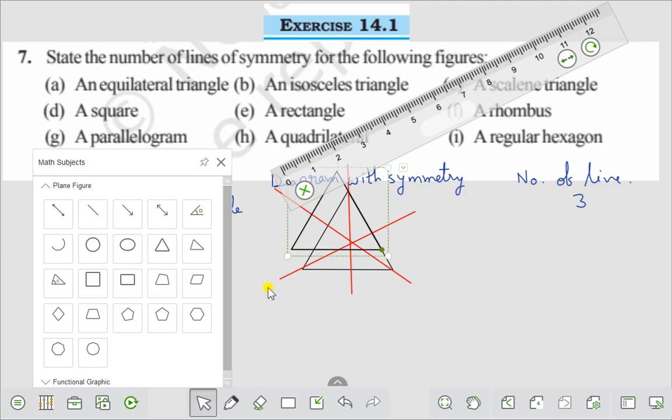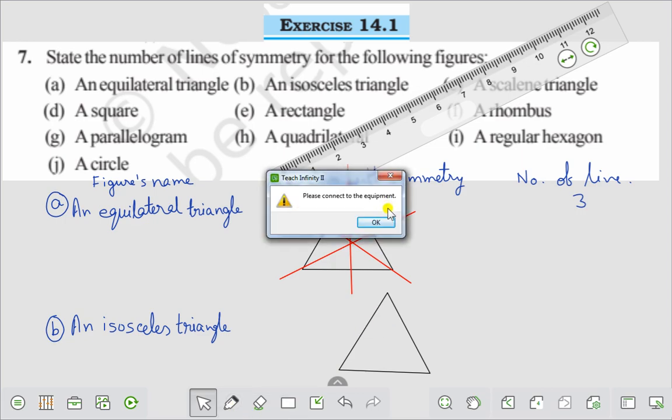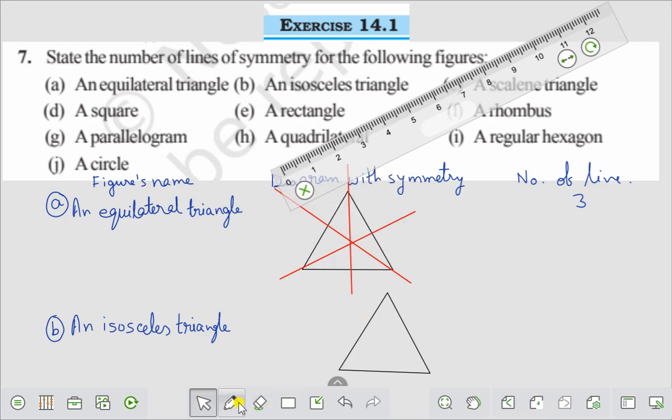Suppose this one, here we are drawing a triangle that is isosceles. That means this side is equal to this side, right?